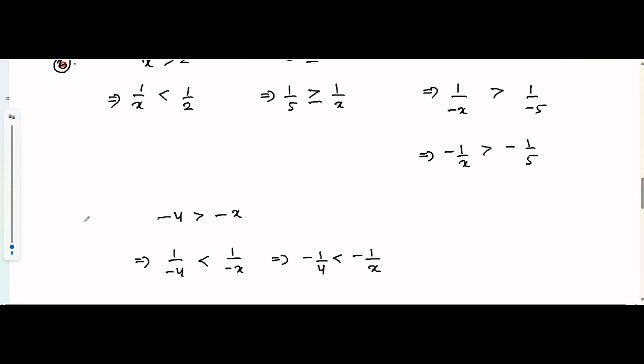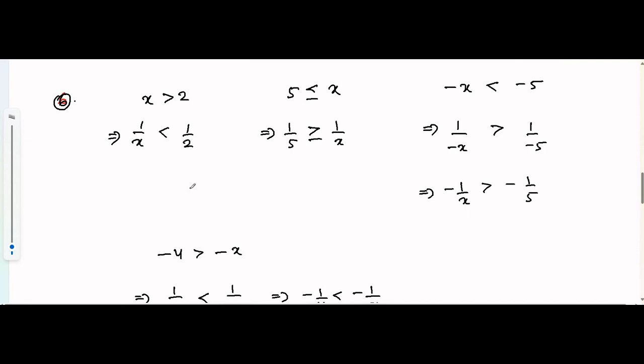So the rule is that if both sides of the inequation are positive or both of them are negative, which means both of them are of the same sign, it is not applicable for one side positive and one side negative. No, not like that.